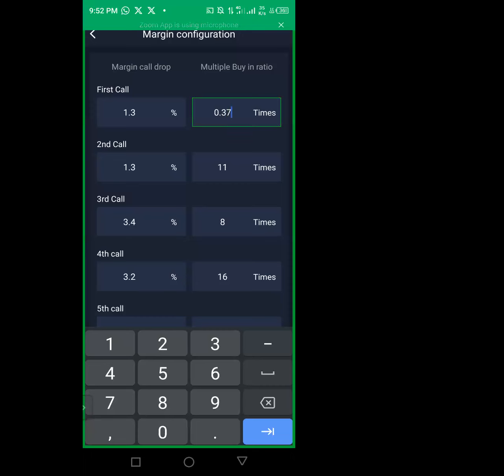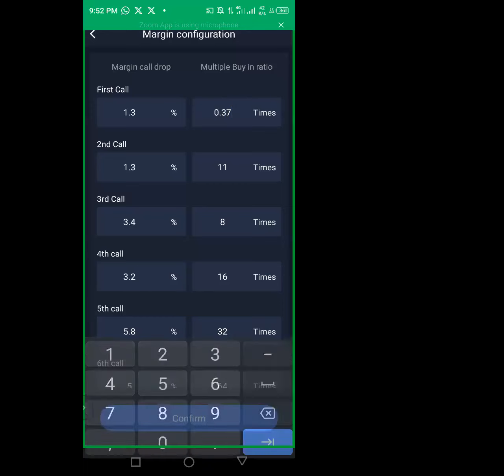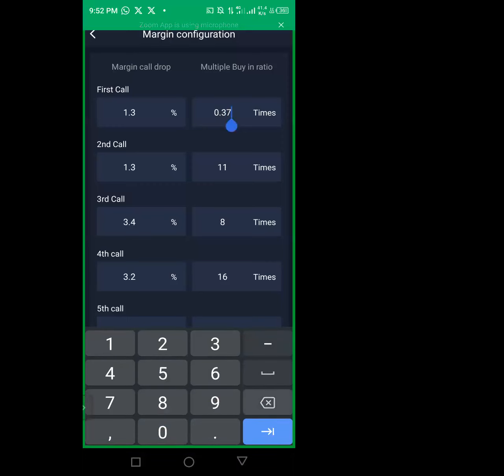We don't want 11.1 because $100 is our trading capital, so we don't approximate. 0.36. So let someone do 0.36 times 30, our first buy. 10.8. So automatically the robot will use 10.8.